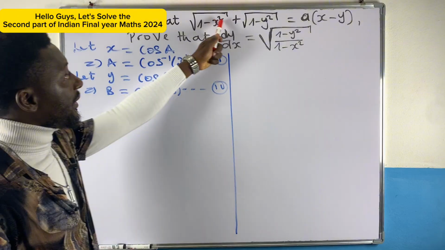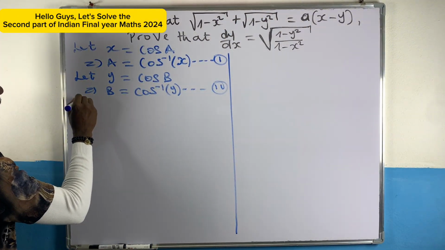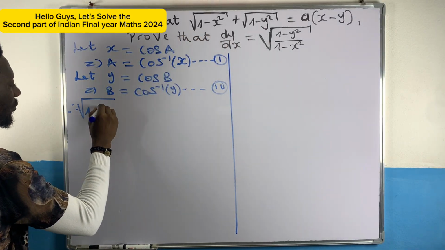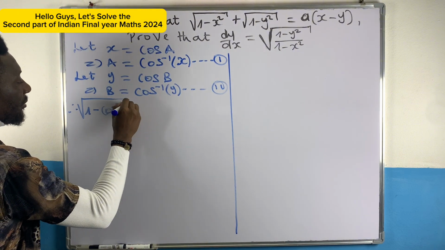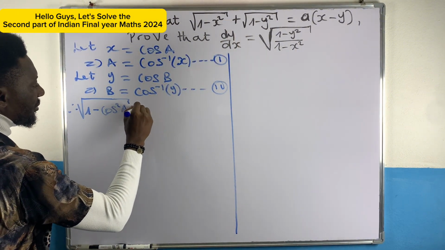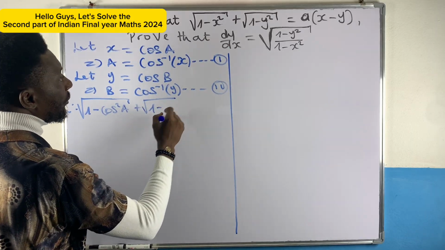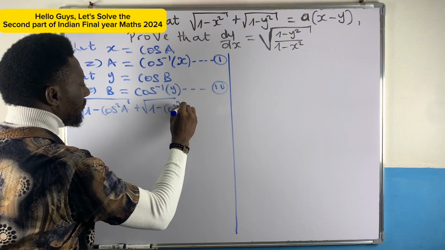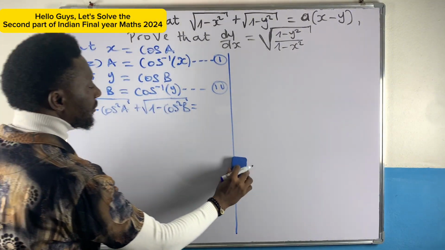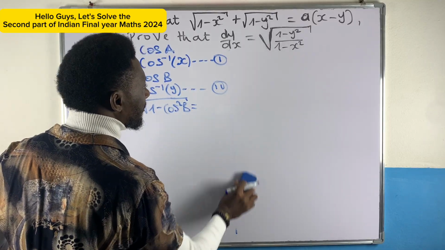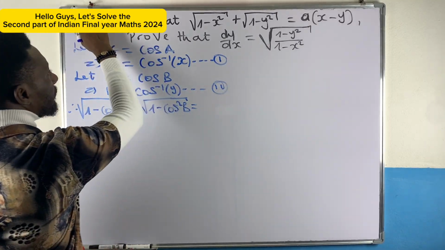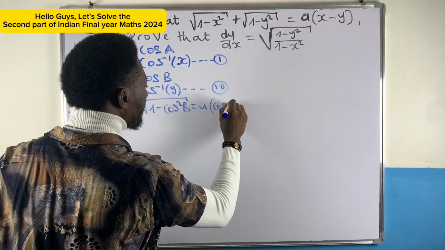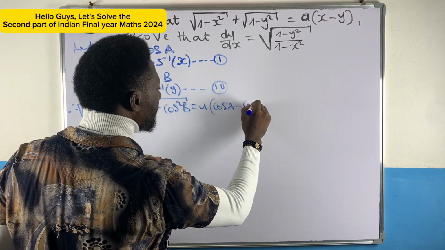So therefore, this entire equation becomes the root of 1 minus, I replace x with cos A, so it becomes cos squared A, plus the root of 1 minus, I replace y with cos B, so that becomes cos squared B. All that should be equal to a bracket x, which is cos A, minus y, which is cos B.